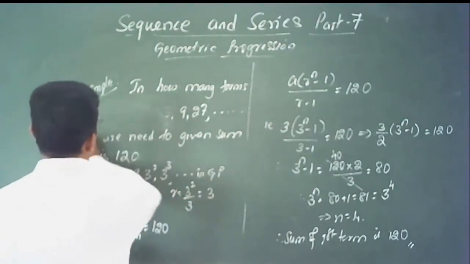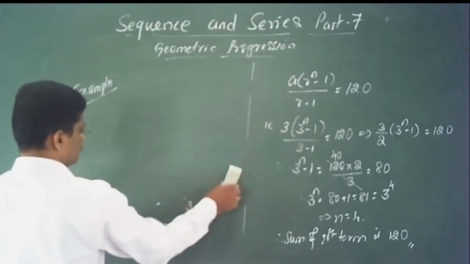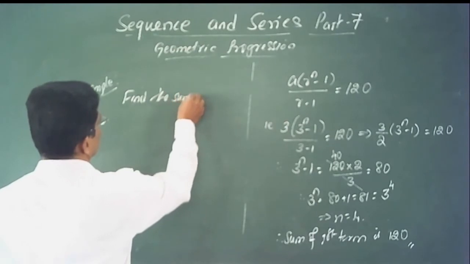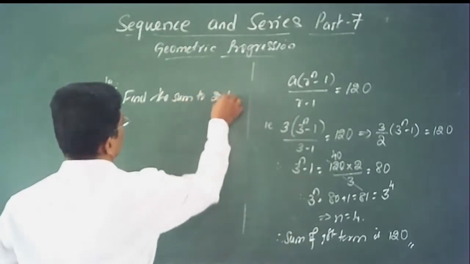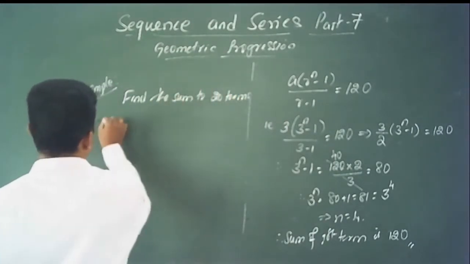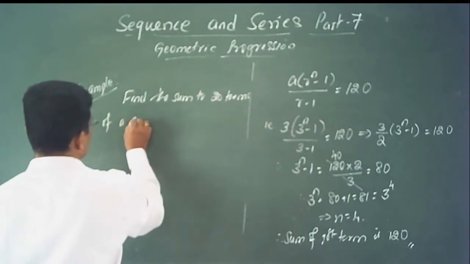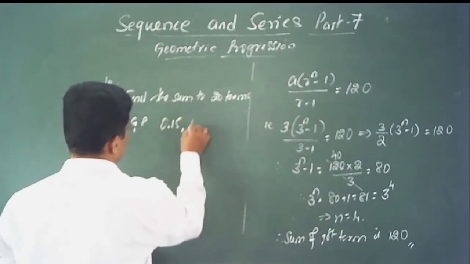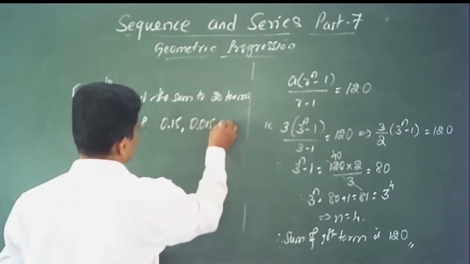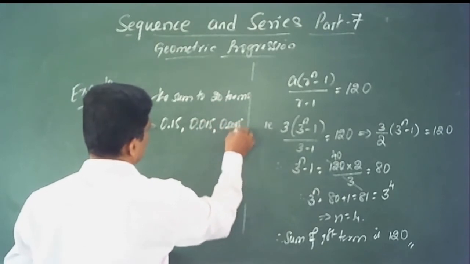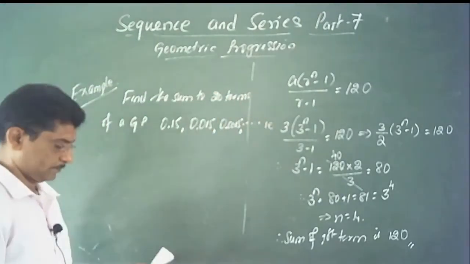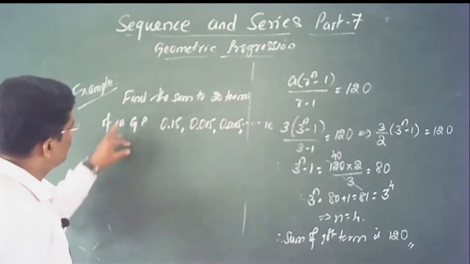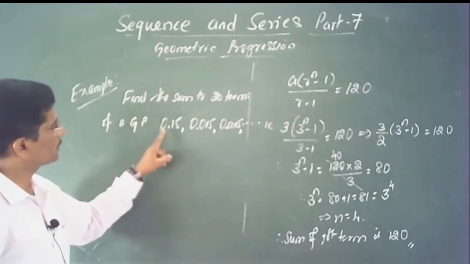The next example: find the sum of the first 20 terms of the GP 0.15, 0.015, 0.0015, and so on.